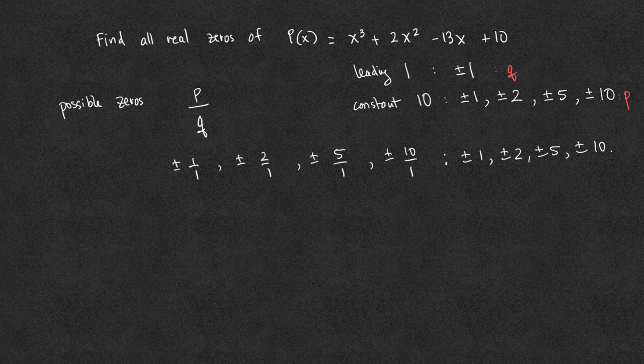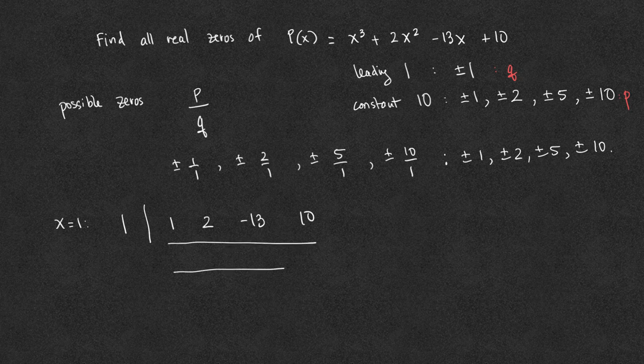in the remainder. And so, checking to see if x equals 1 is a zero, we set up the synthetic division: 1, and then the coefficients of the polynomial are 1, 2, negative 13, 10. We start with the x cubed term, there's 1, and then the x squared term, there's 2, and then the x term, negative 13x, and then the constant coefficient.